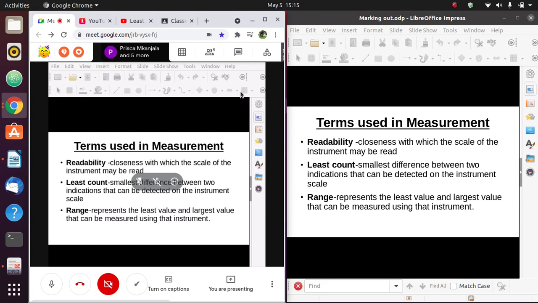Least count. This is the smallest measurement that a measuring instrument can read. For example, when you take your 15 centimeter ruler, from one point to the other.